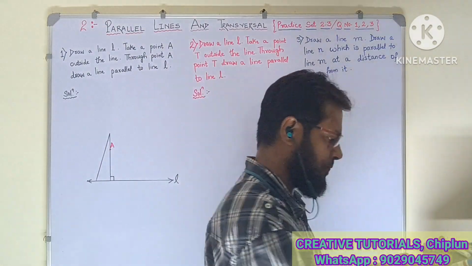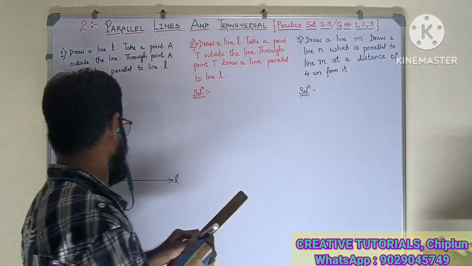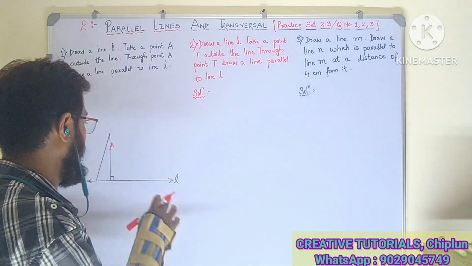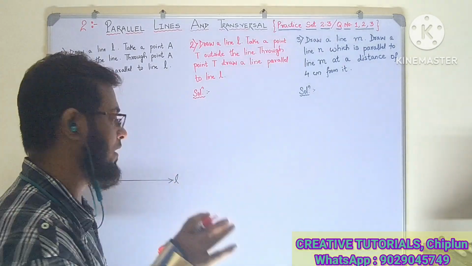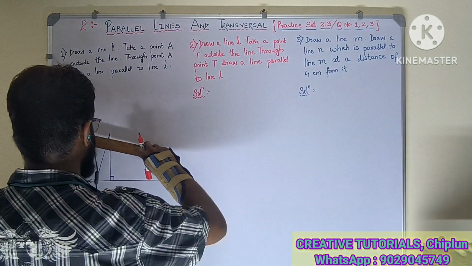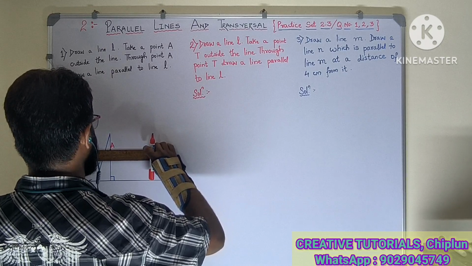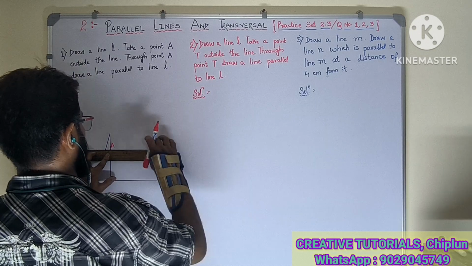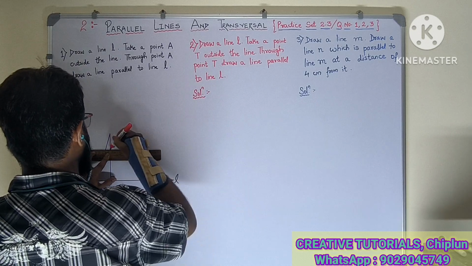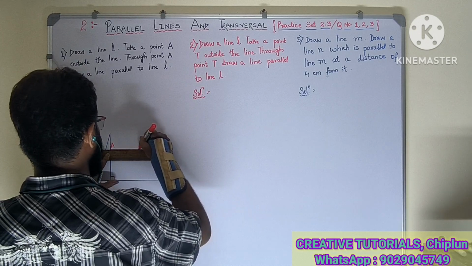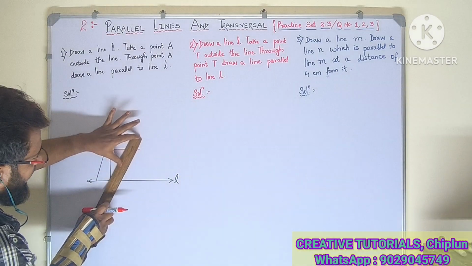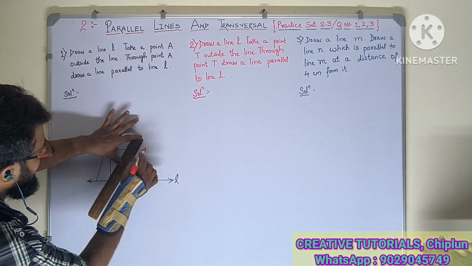Now you will take another set square. One set square you use this one, another set square you will use now, and you will bring that set square in such a way that one of the edges will come and touch here. So with that one edge of a set square you will draw this like this, and with the other one you will try to complete this.